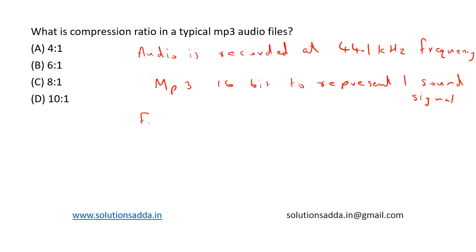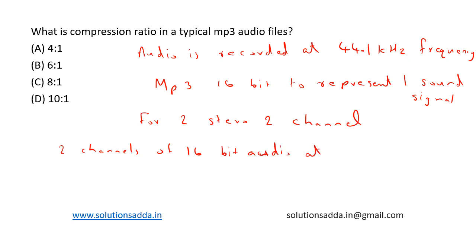For stereo, two channels are used. Hence, two channels of 16-bit audio at 44.1 kHz is equal to 2 into 16 into 44100.